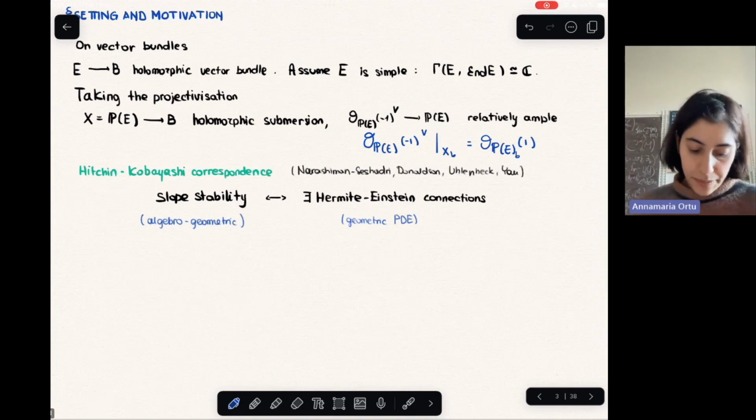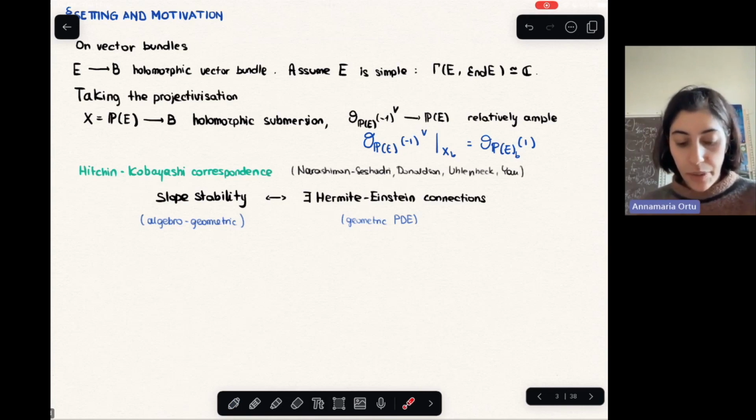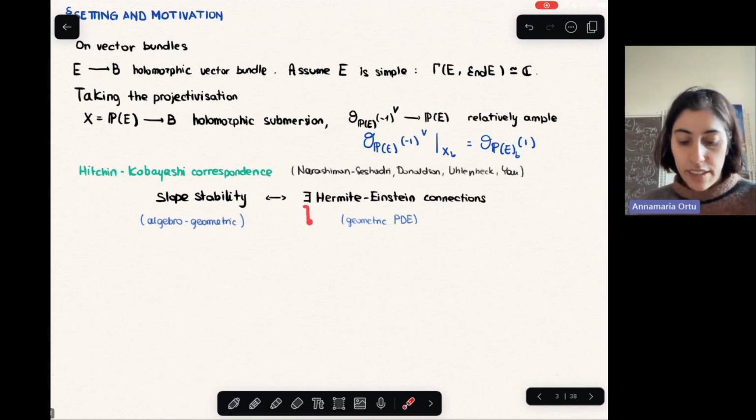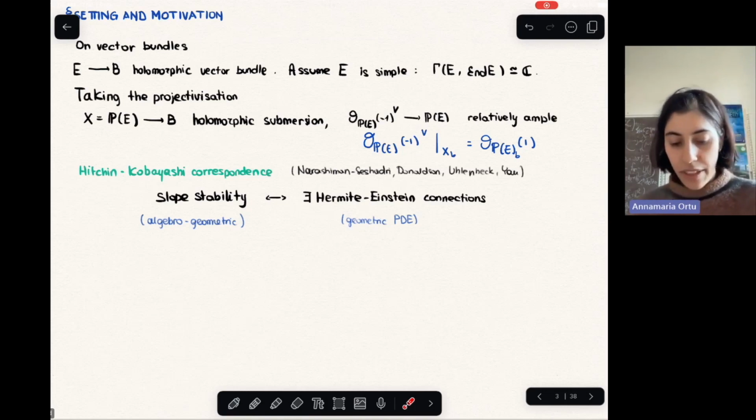You know the famous Hitchin-Kobayashi correspondence establishes an equivalence between an algebraic geometric stability condition, that's slope stability, Mumford stability, and the existence of a Hermite-Einstein connection, which I will write the definition of in the next slide.